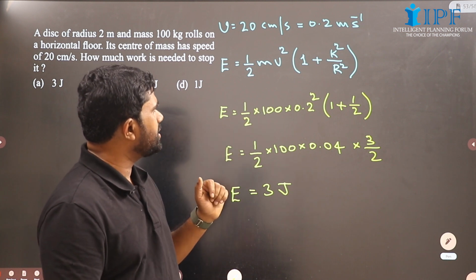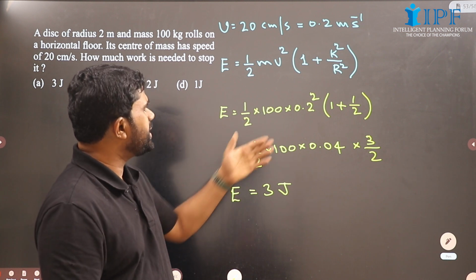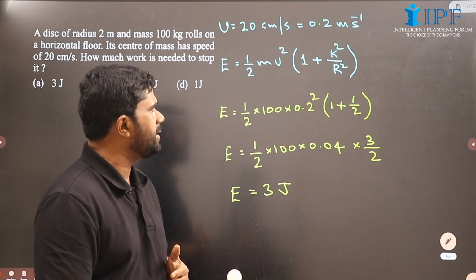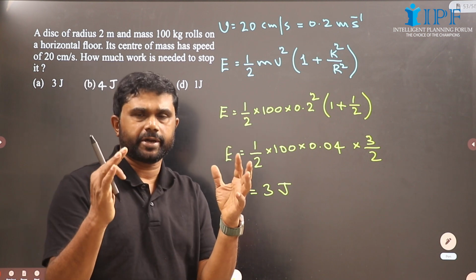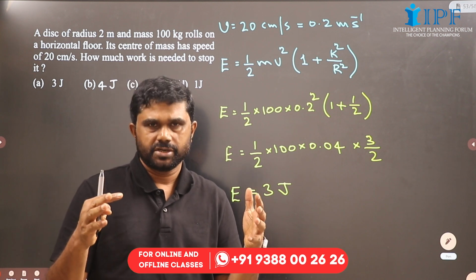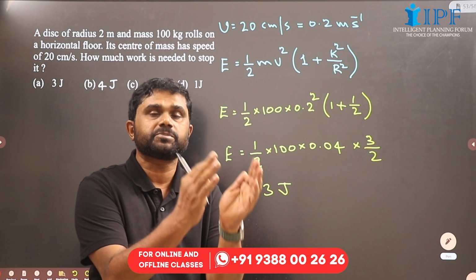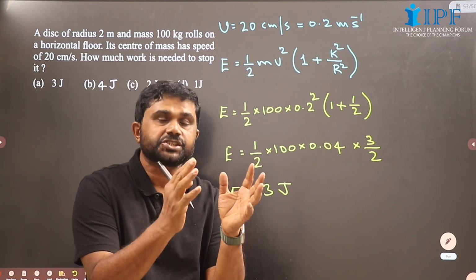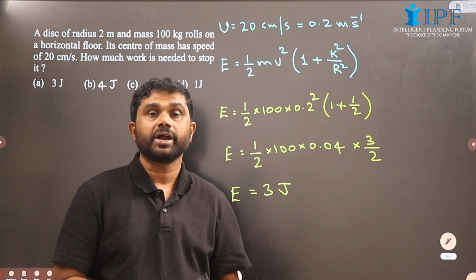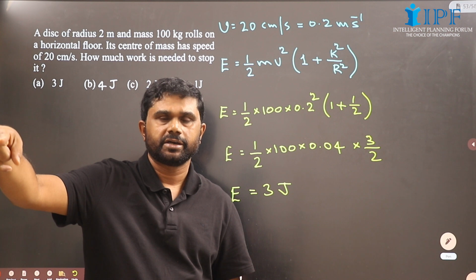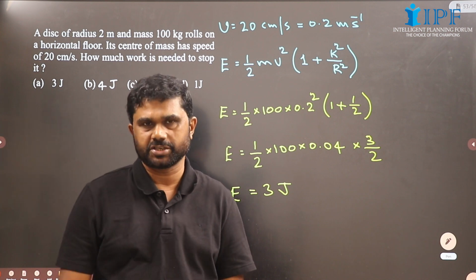So mass is given 100 kilogram, and speed is given 20 centimeter per second, which means 0.2 meter per second, and k square by r square. See, a rolling body will have a radius, and its moment of inertia will be something into mr square. That something is the ratio k square by r square, or k square by r square is the coefficient of mr square in the expression for moment of inertia.